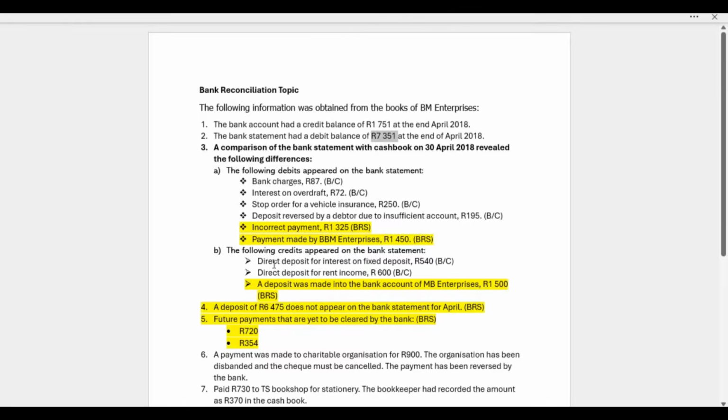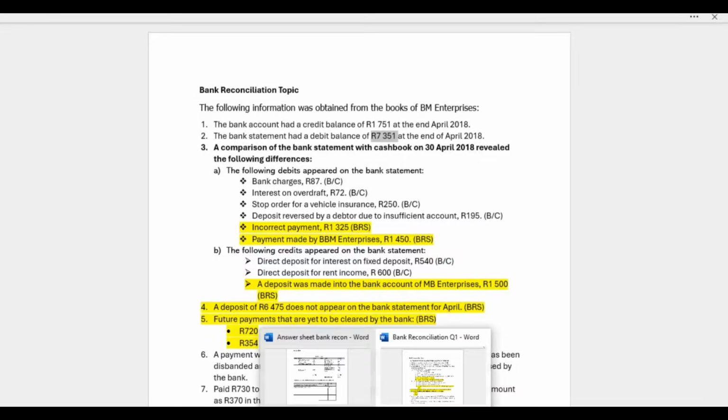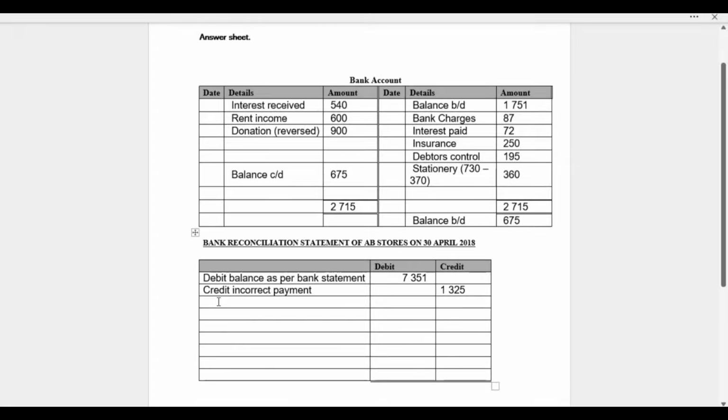The next transaction was a payment made by BBM Enterprises. As well, they debited us, and it was not supposed to be debited. It is BBM, not BM. Therefore, we go and correct that in the bank reconciliation statement. We're going to say credit amount wrongly debited.